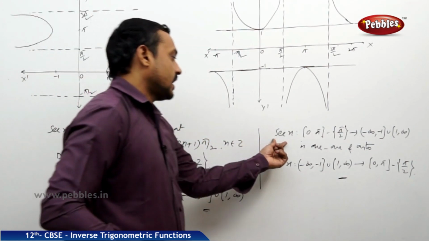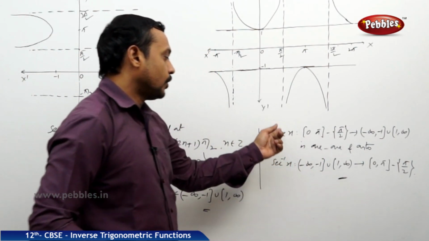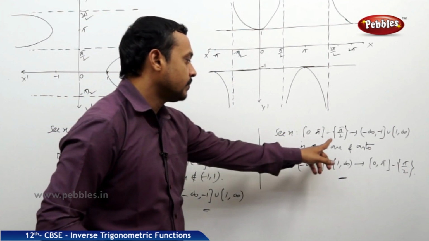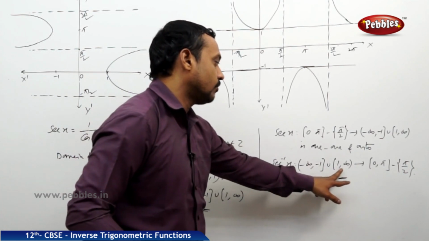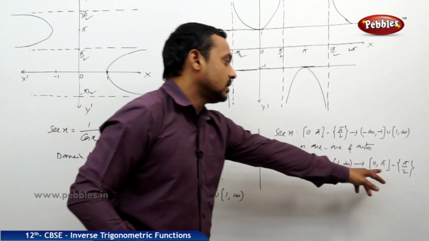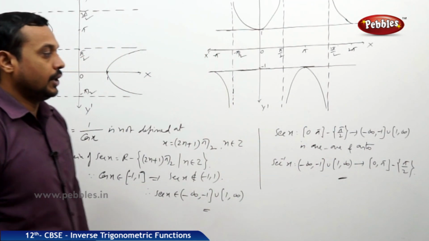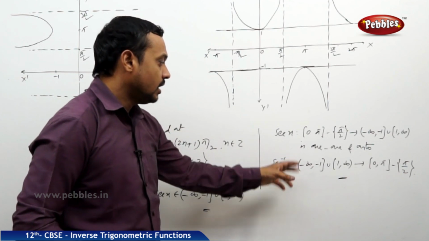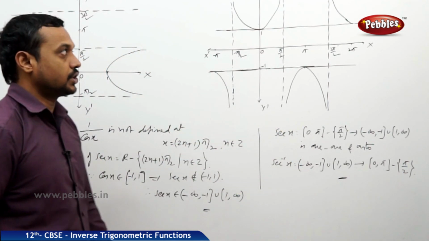Therefore, secant x is a bijection, and the inverse of secant x, denoted by secant inverse x, is defined from minus infinity to minus 1 union 1 to infinity, to 0 to pi excluding pi by 2. In that interval, secant inverse x is also a bijection and it is the inverse of the given function.